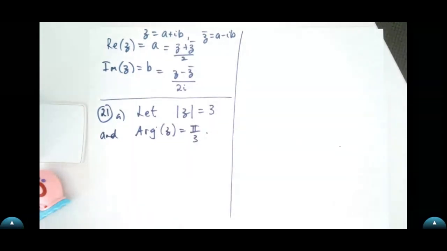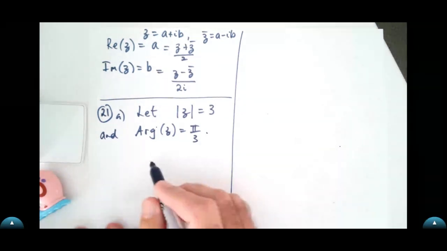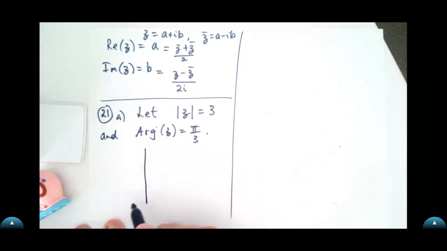The way that I like to write complex numbers, I put a little tail on the Z, but I don't do that when it's a number 3. Some people on YouTube go, "Oh, your Z's look like 3s." Well, yeah, sorry. Let's draw a picture and try to work out what's going on.